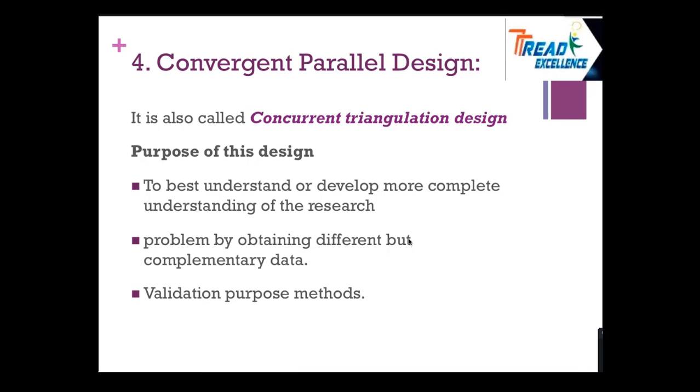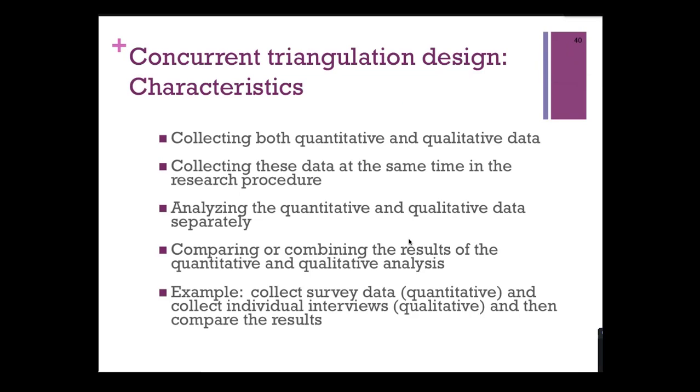So the data can be concurrently triangulated at the same time. In this research procedure, we analyze the quantitative and qualitative data separately, then compare or combine the results: collect survey data, quantitative, and collect individual interviews, and then compare the results. So it can be like one day I went to the organization and took the quantitative data.